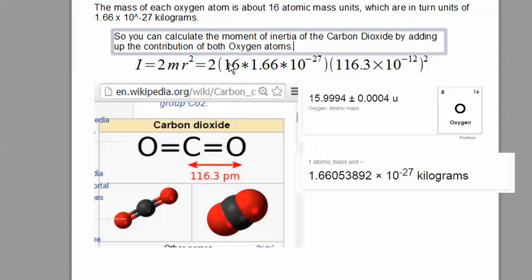So it's 2 times 16 times 1.66 times 10 to the negative 27th times the square of the distance, 116.3 picometers.